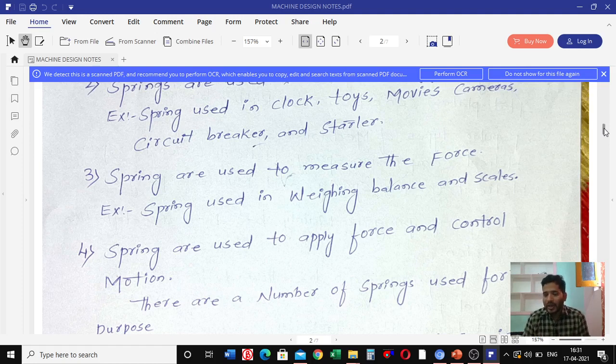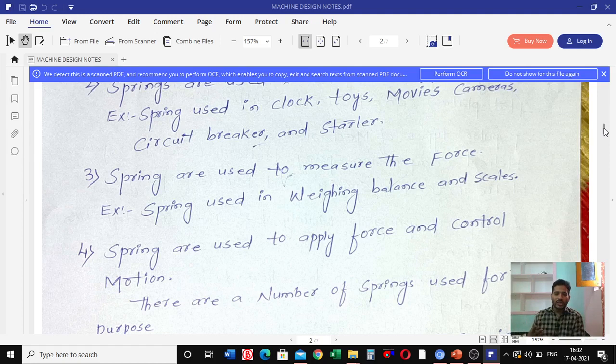If you have a lorry and want to measure the weight of the unloading, you can measure it with the help of a weighing balance, the weight before loading and the weight after loading. You can easily measure it with the help of a weighing balance. Such springs are also widely used in scales.